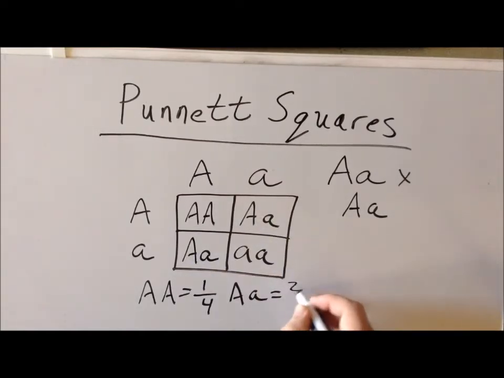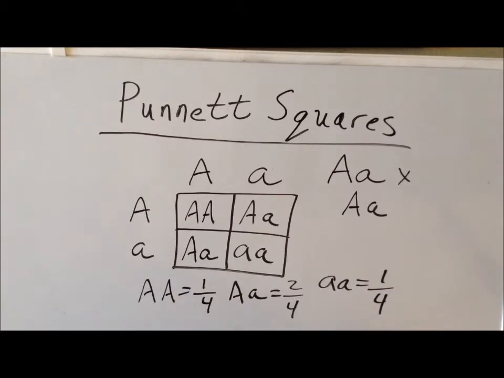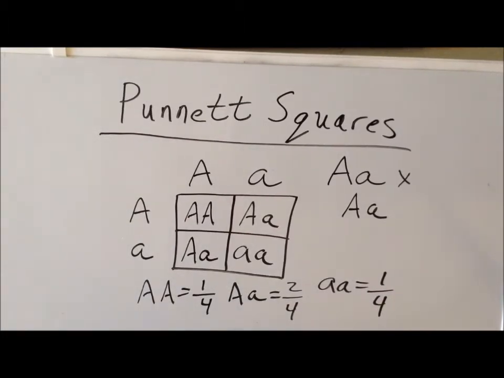We also know that's 1/2, but we'll just write it down how we get that. And last but not least, the probability of having 2 small a's is also 1 out of 4. Since we must have some result, if we add up the probabilities of 1/4 plus 2/4 plus 1/4, we get a total of 1, which is what we have to get for any particular cross.